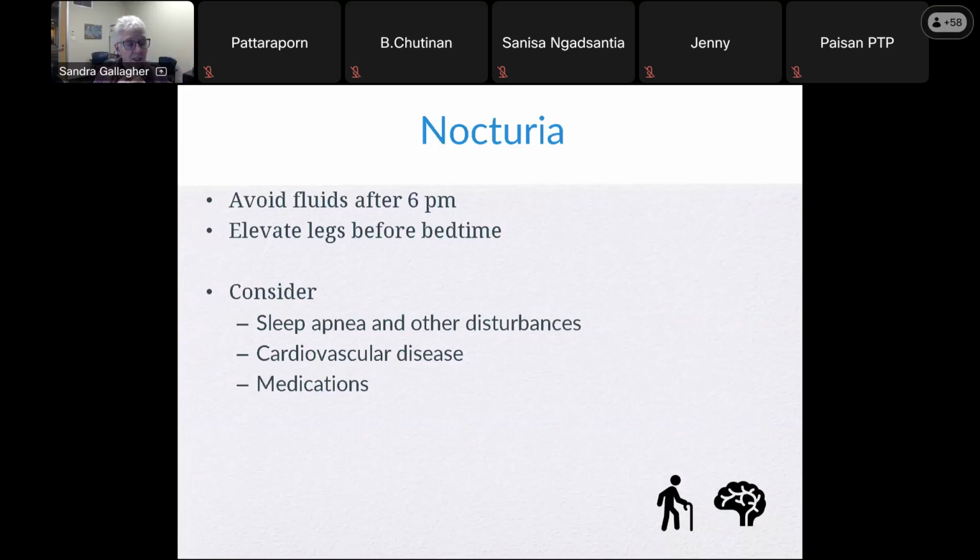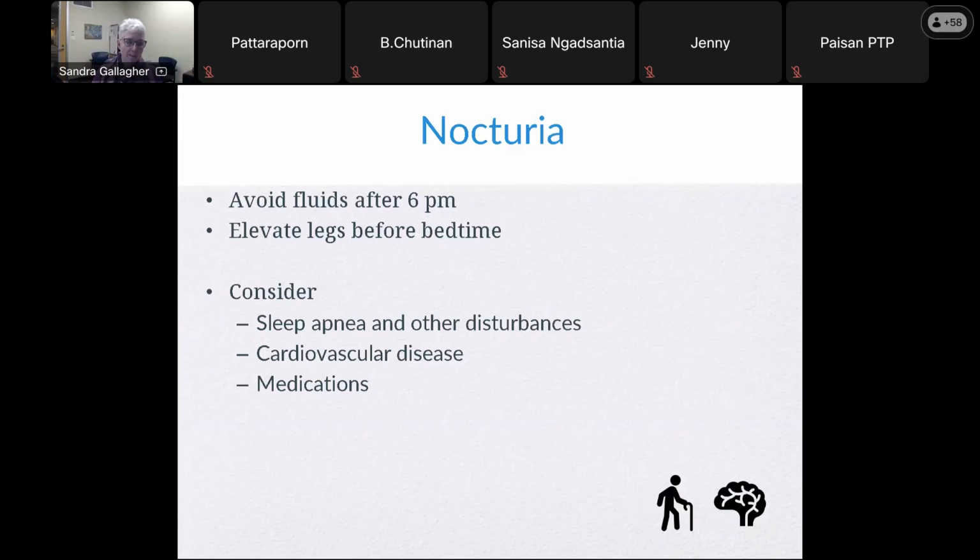So the interstitial space, you were all talking about lymphedema a little bit earlier. We're just trying to promote that interstitial fluid entering the lymphatics and vascular system and being processed into urine before the person goes to bed so they can empty their bladder and be woken less at night.